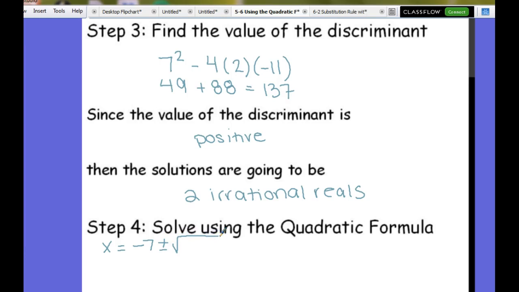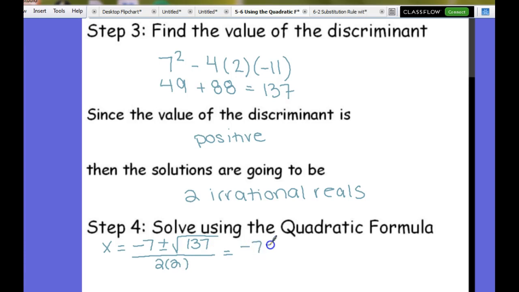Underneath the radical is my discriminant value. If you already found the discriminant, just write it. Don't do all that math underneath there now. So the discriminant's 137. The negative 7, the plus or minus, and the 137 all go over 2 times a, which was 2.